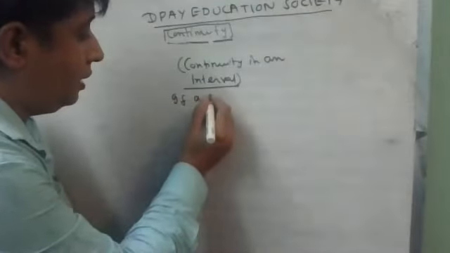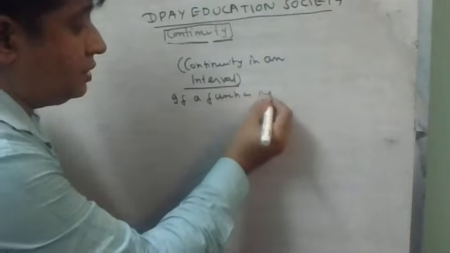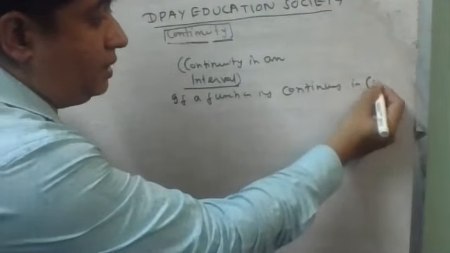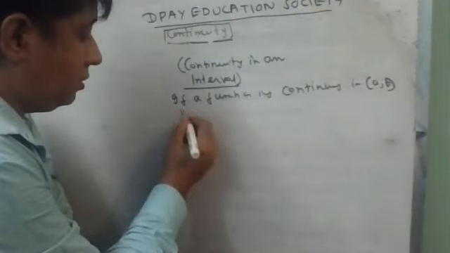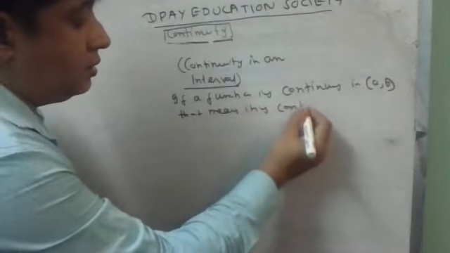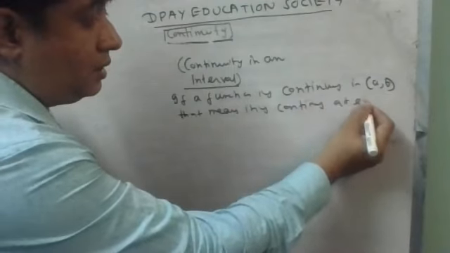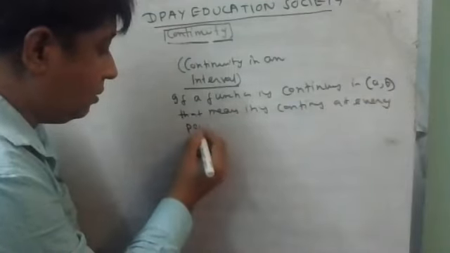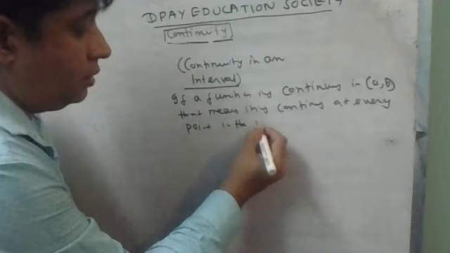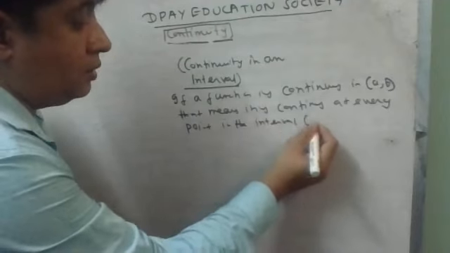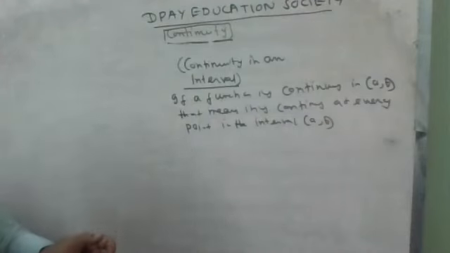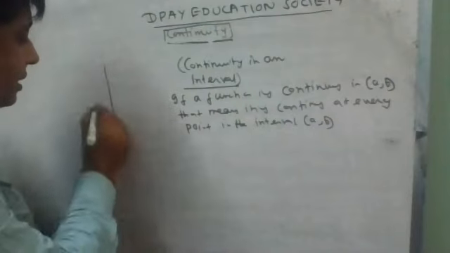If a function is continuous in the open interval (a, b), that means it is continuous at every point in the interval (a, b). That is the continuity of a function in case of an open interval.